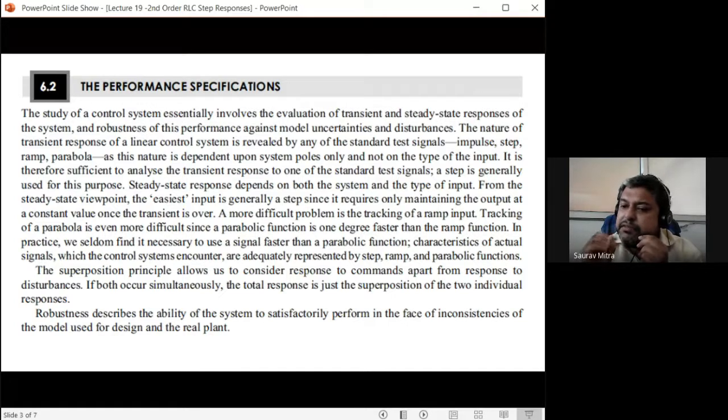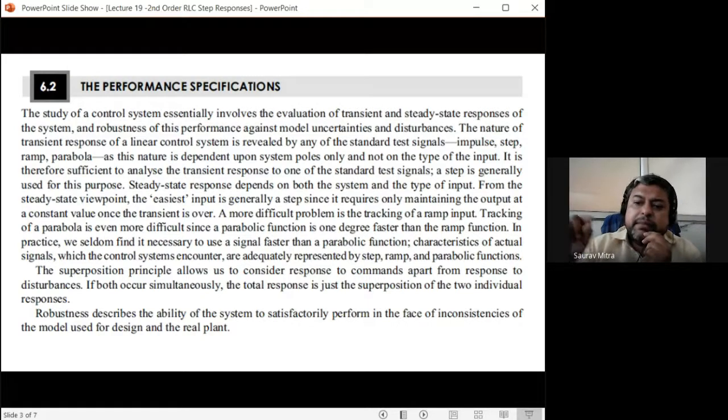You just give the step input to a system, check what its response is, and depending on that we can understand the system. For some systems the step response is slow. That means we understand that the system has more zeta. Now I am saying a very important thing, keep noting this. If zeta is more, what is the step response? I have given a 1 volt step to the system, and I am taking the output of the RLC circuit across the capacitor.